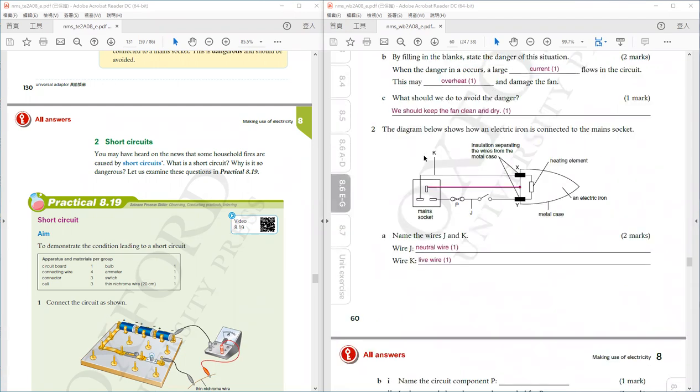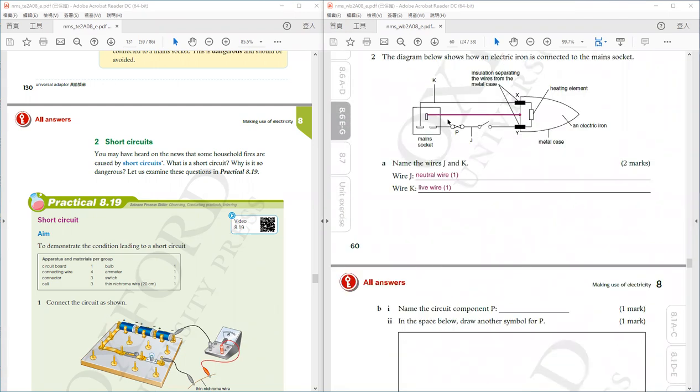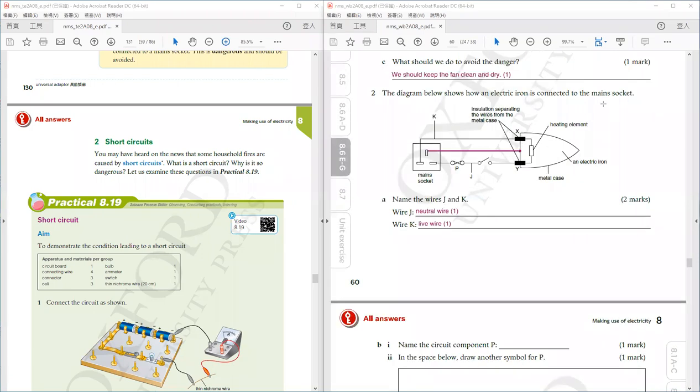Okay, so the diagram below shows how the electric iron is connected to the main socket. So we should say that wire J is a neutral wire, whereas wire K is a live wire.